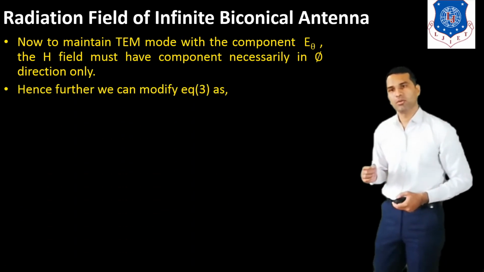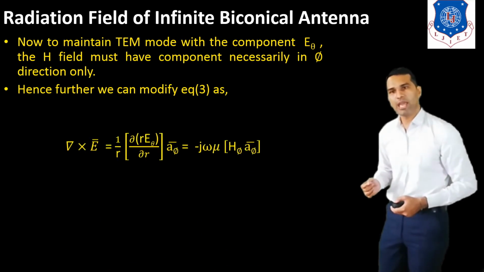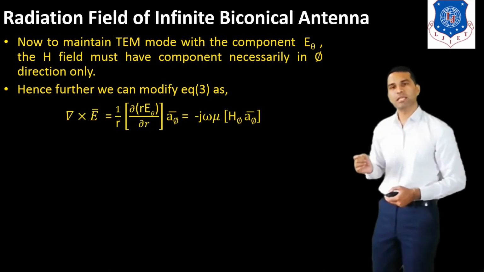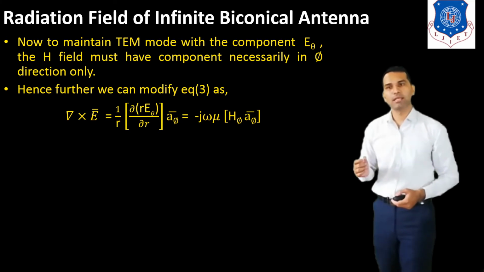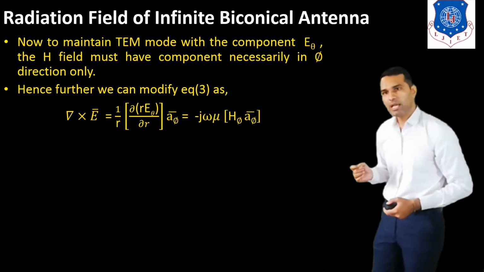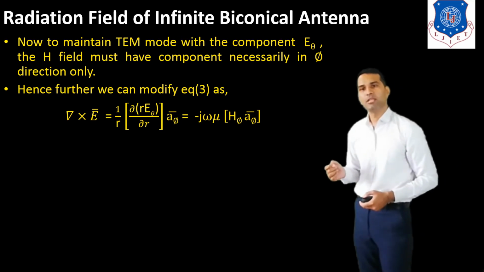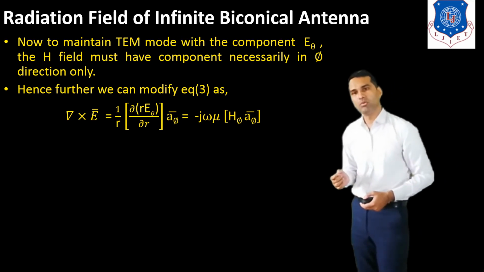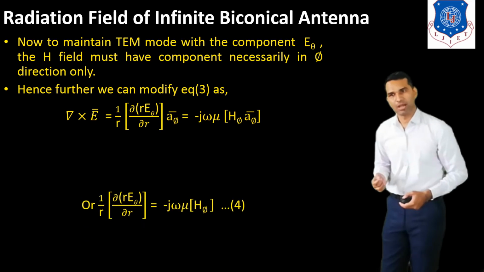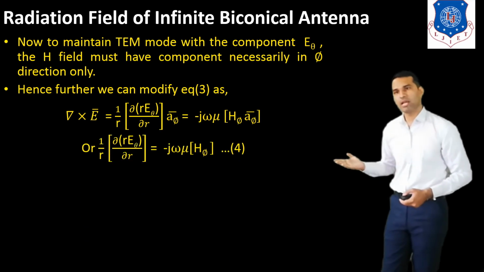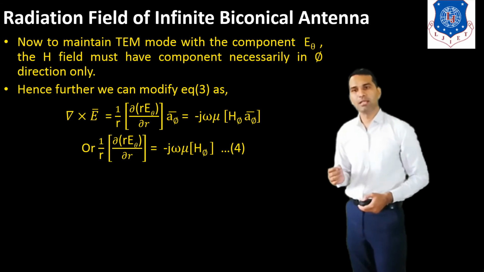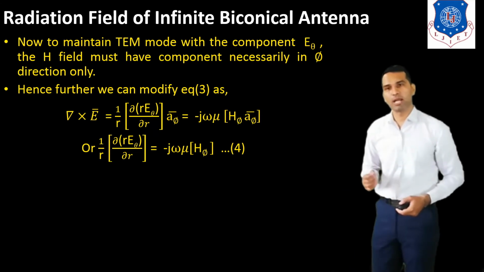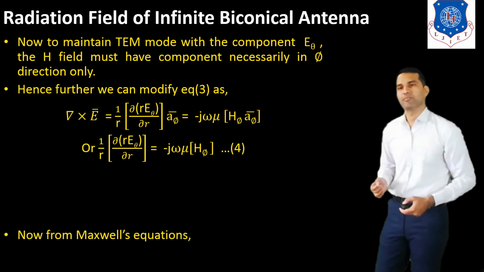Hence, we can further modify equation number 3 as del cross E is equal to 1 upon r del (r E_theta)/del r a_phi is equal to minus j omega mu H_phi a_phi. Or we can also write this equation as 1 upon r del by del r (r E_theta) is equal to minus j omega mu H_phi.